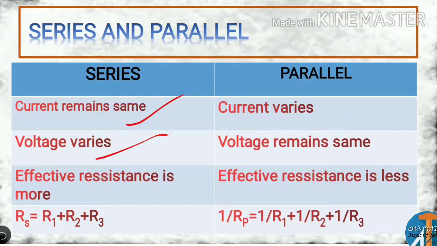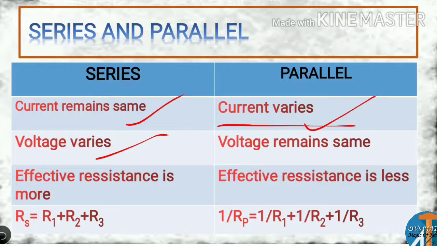Current remains the same in series but current varies in parallel, because the current goes together to all the resistors, and each takes the amount of current required by that particular resistor. Some bulb takes 6 volts, or some bulb takes 5 volts, like that. Here current varies, but in series current remains the same, because the first bulb takes it, and after that it goes to the second, right?